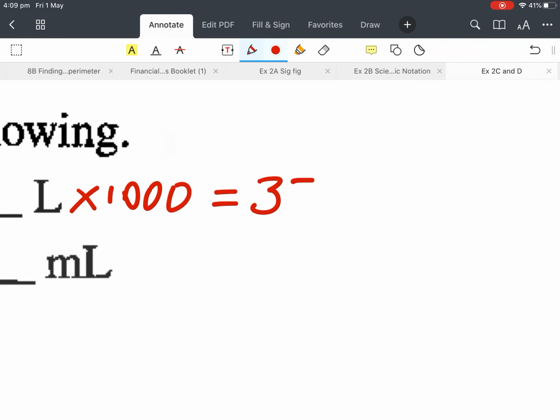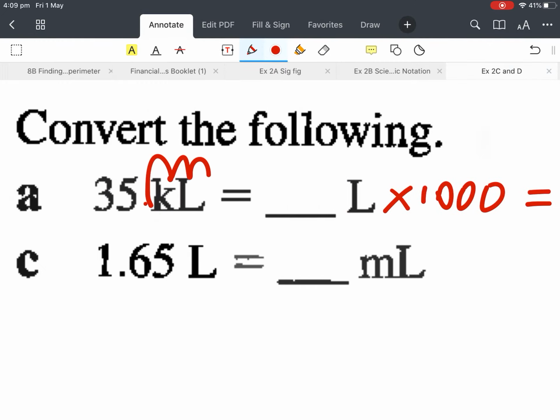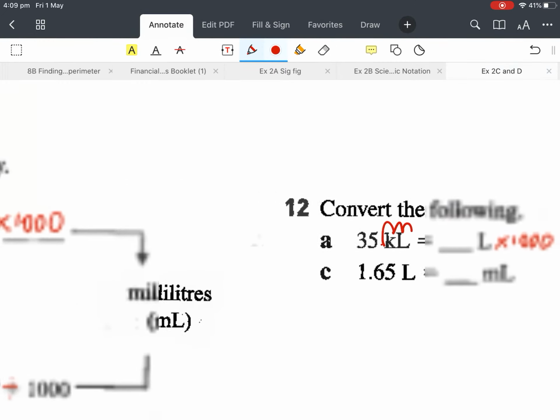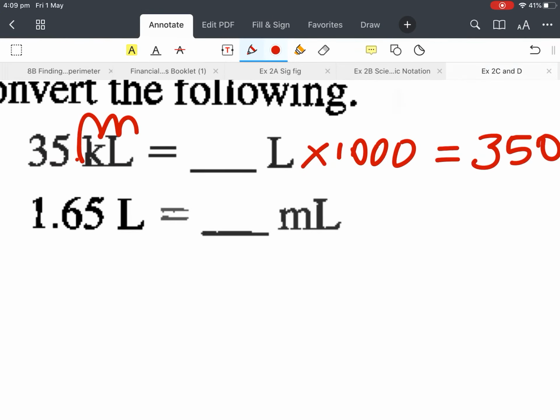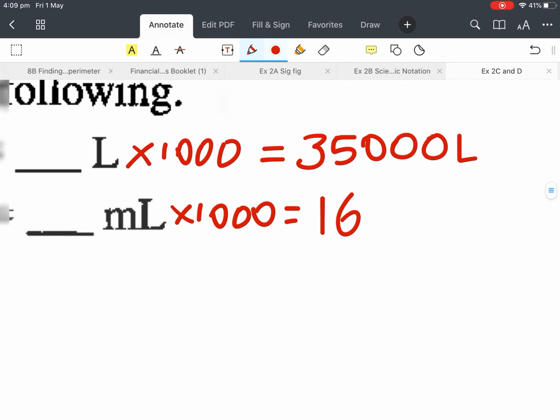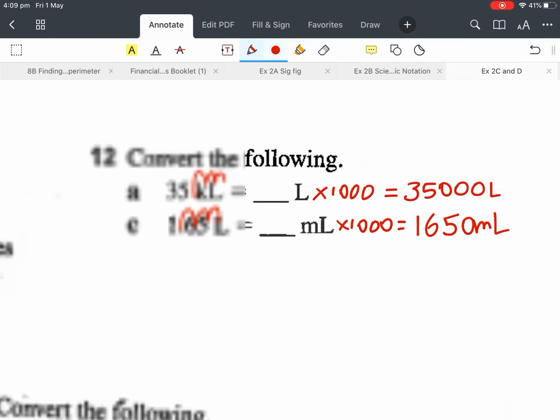So 35000 litres. Do it on your calculator if you want. Litres to millilitres, let's double check. Litres to millilitres, yep, timesing by 1,000 again. So 1, 2, 3. I'm just going to get 1650 millilitres this time for my answer.